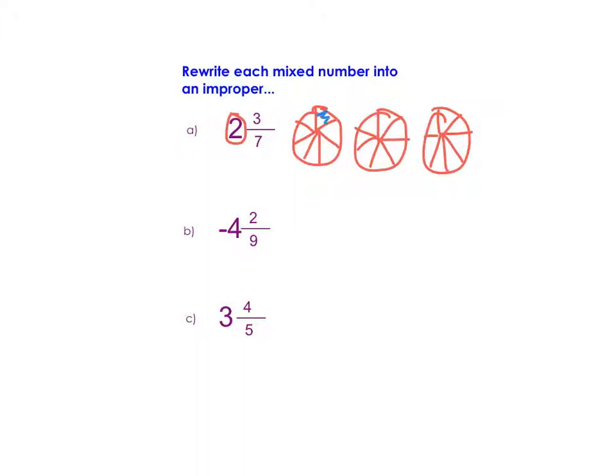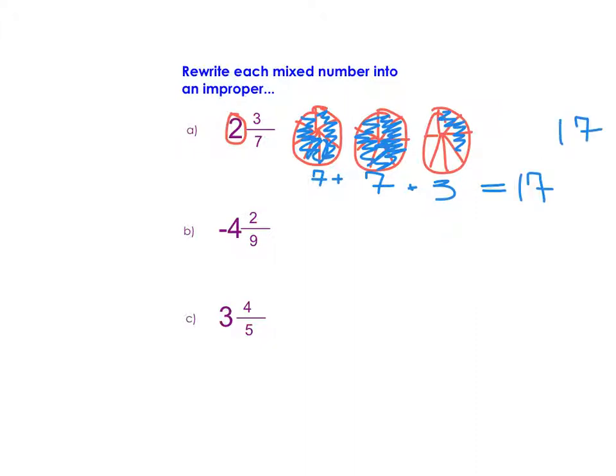So here I have 7 pieces here, plus 7 more pieces here, plus the 3 pieces that are left in that final pie. Well, 7 plus 7 is 14, plus 3 is 17.